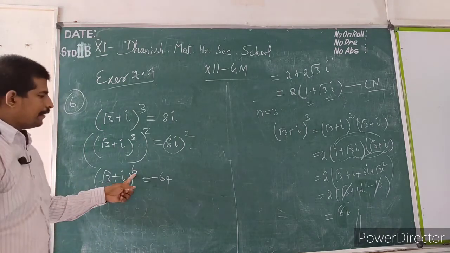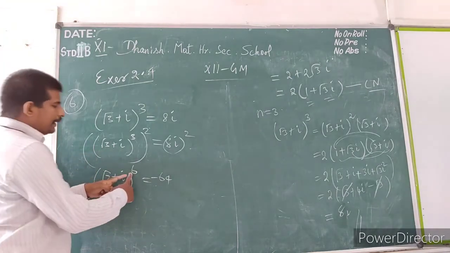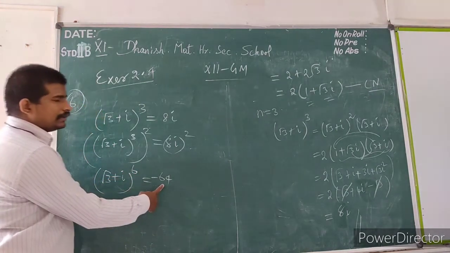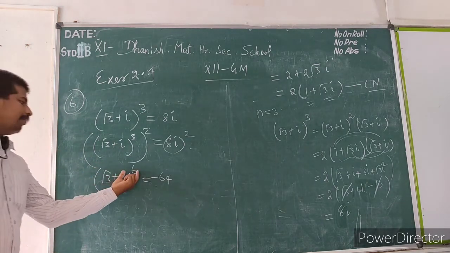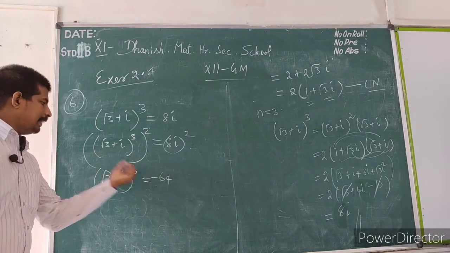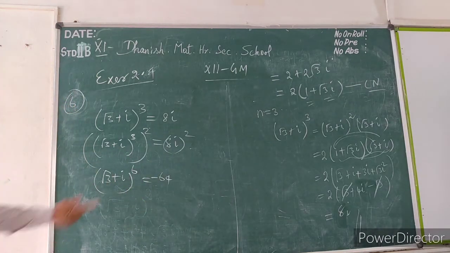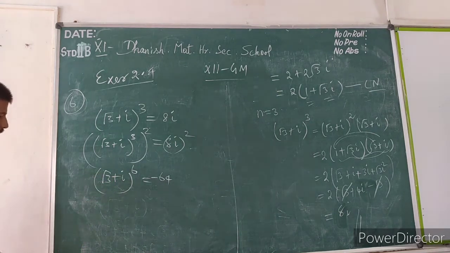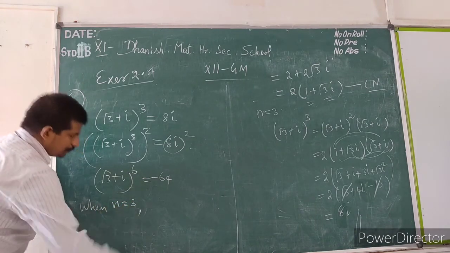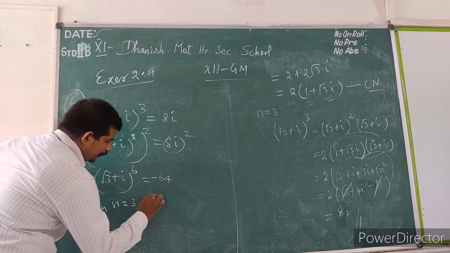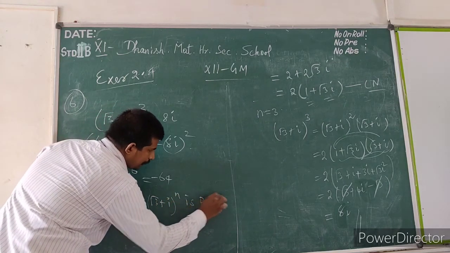Now look at this. Here our power value is 6, that is n is 6. When n is 6, our given term is purely real. That is, for n equal to 6, the value of the given term is minus 64, which is a real number. So we can conclude that when n equals 3, (root 3 plus i) whole power n is purely imaginary.